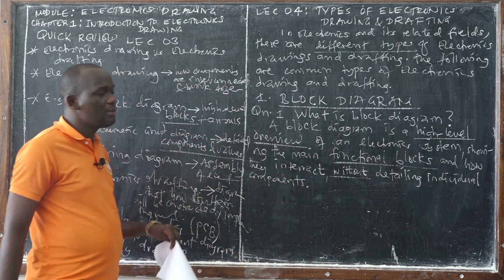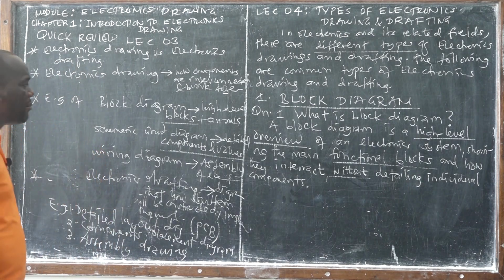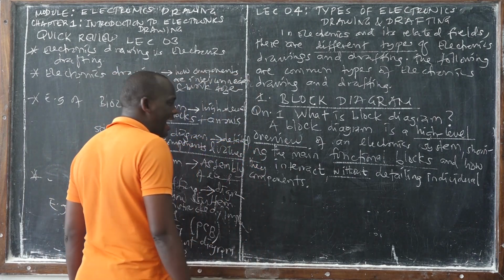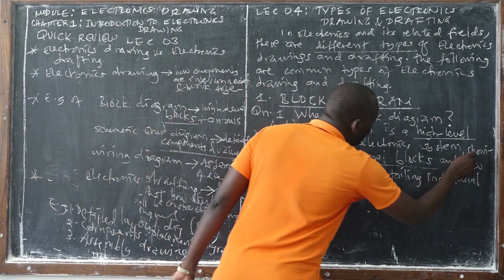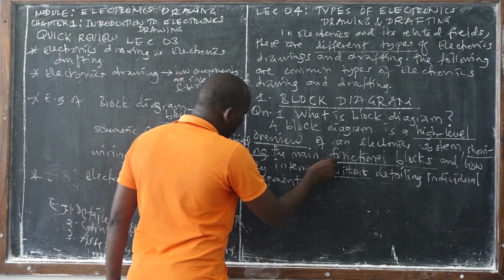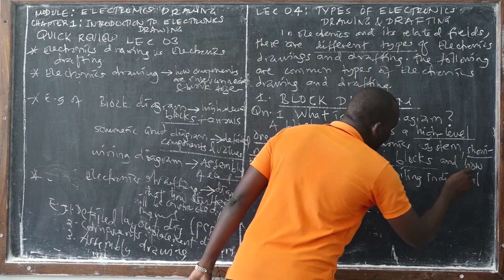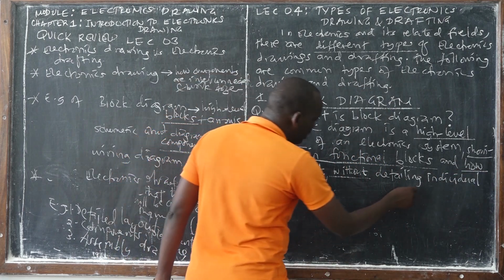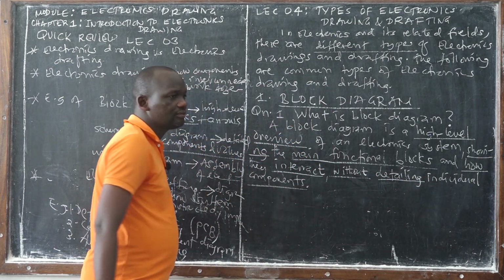So this is the simple definition of a block diagram. A block diagram is a high-level diagram of an electronic system showing what? Showing the main functional blocks and how they interact without detailing individual components.